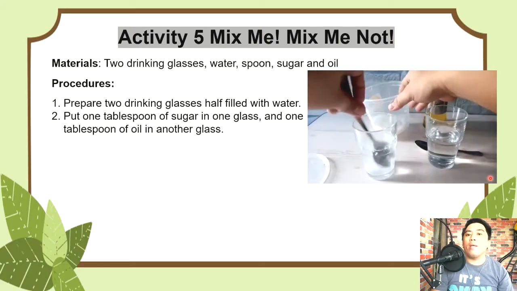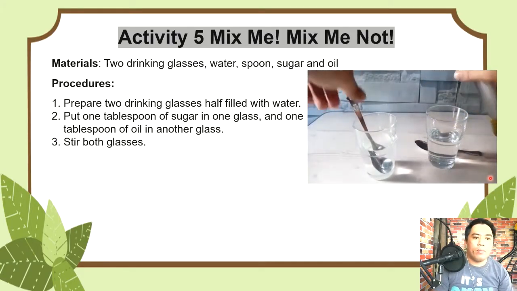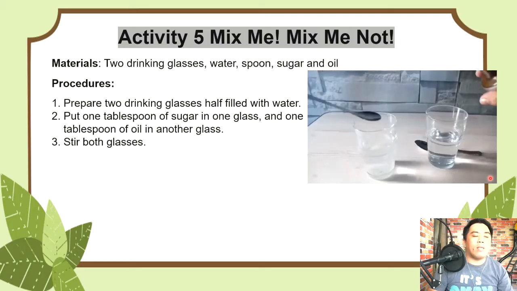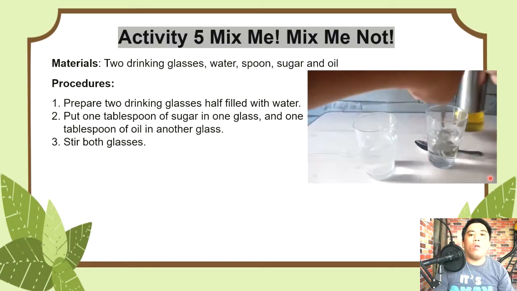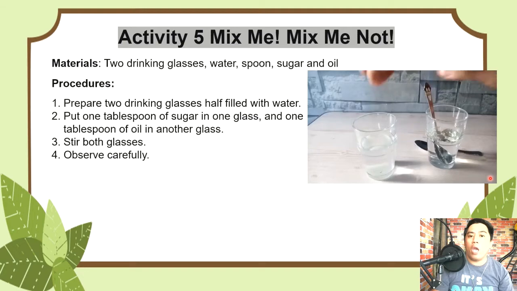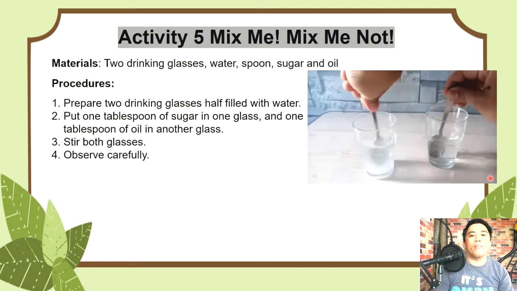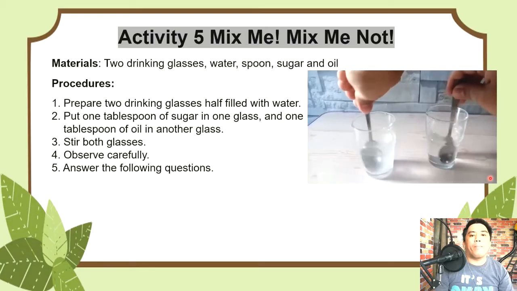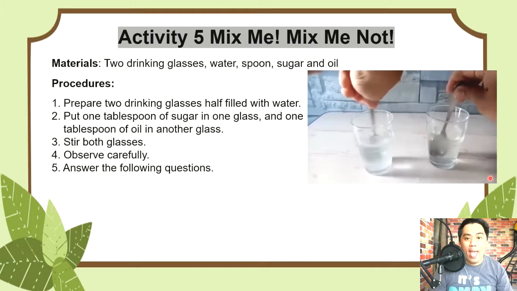Yung isa naman ay isang kutsarang cooking oil. Stir both glasses. So, pagkatapos niyan, haluin natin yung ating mixtures. Observe carefully kung ano ang mangyayari. Para masagutan natin ang mga tanong mamaya.